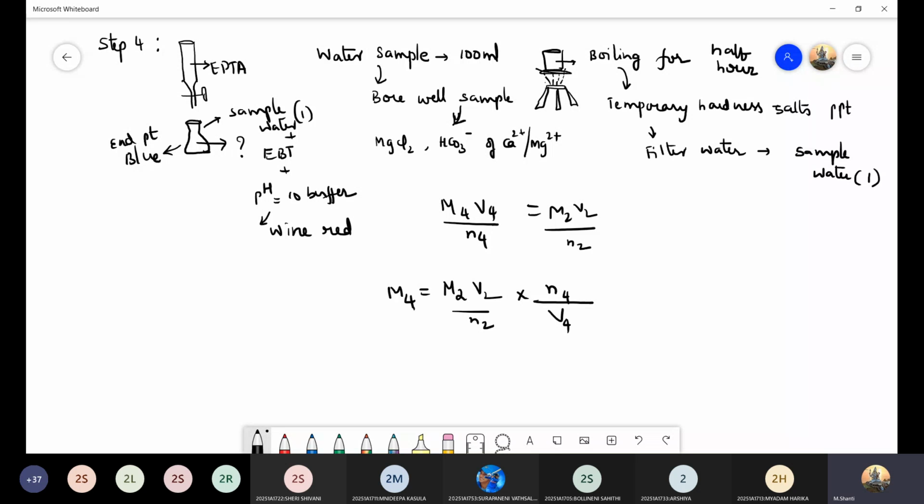This substitution will give you M4, and then multiply M4 with 10 power 5 to get the value in ppm. And what is this hardness? This is nothing but the permanent hardness.